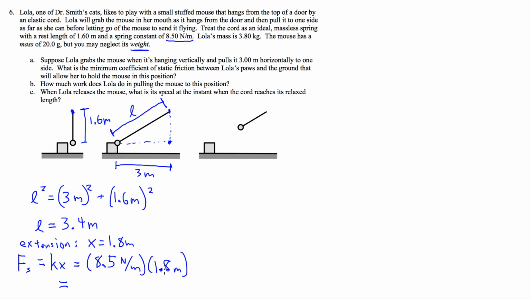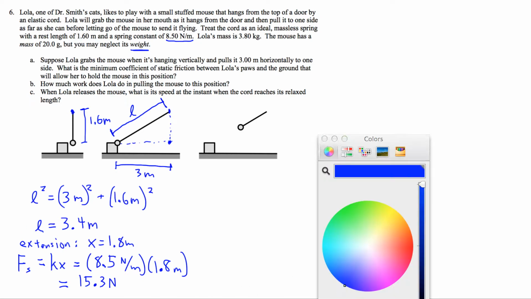So 17 minus 1.7 is 15.3 newtons. That is the force exerted on Lola by the spring.